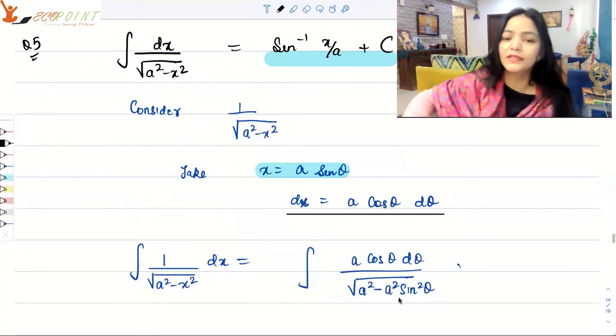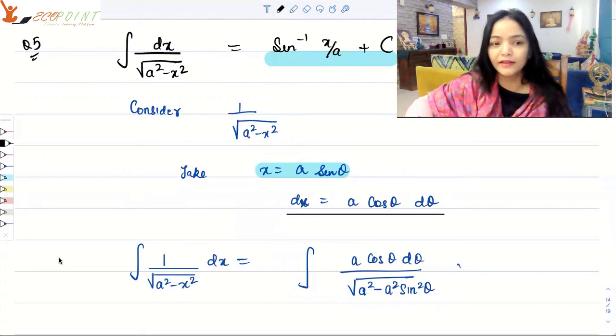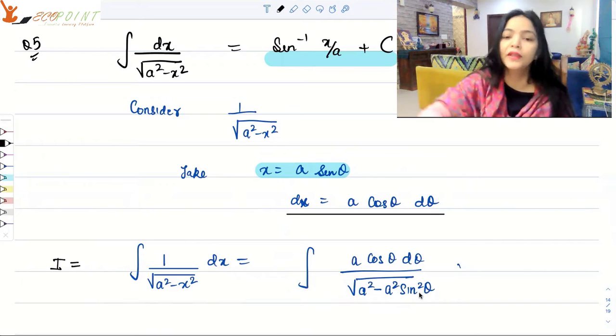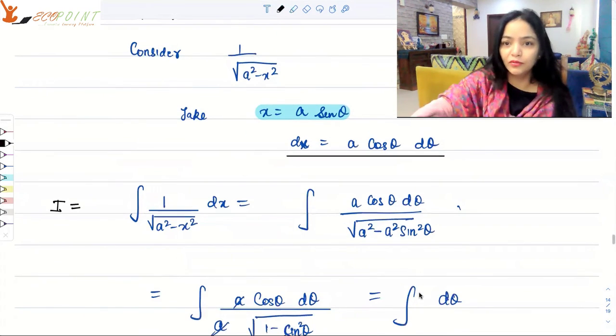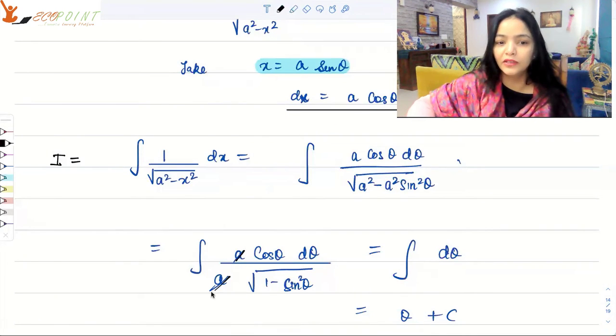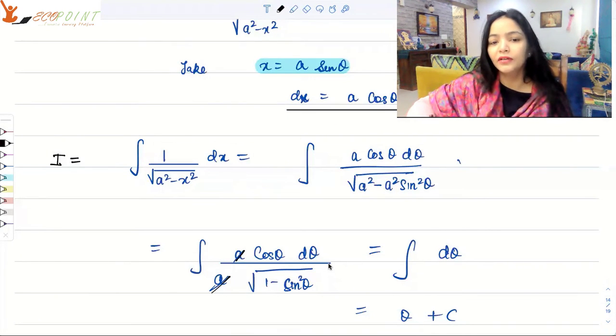So the required integral I becomes integral of a cos theta d theta upon square root of a square minus a square sine square theta. Now a square could be taken common. So a comes out, cancels with the a in the numerator. So you have cos theta upon square root of 1 minus sine square theta, which is cos theta only.